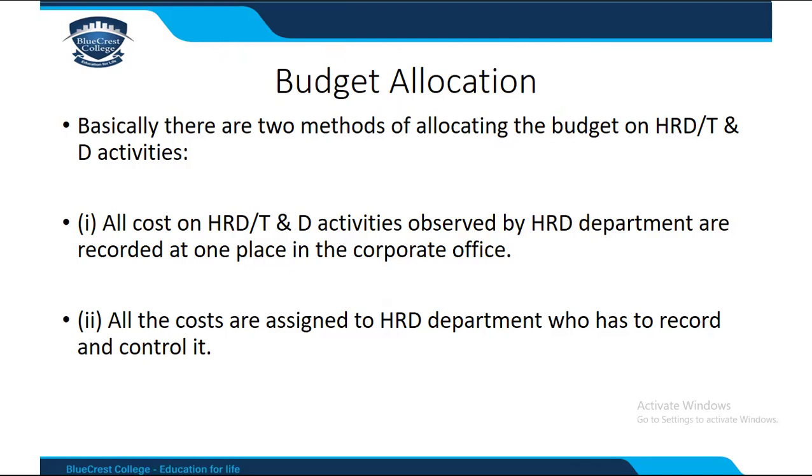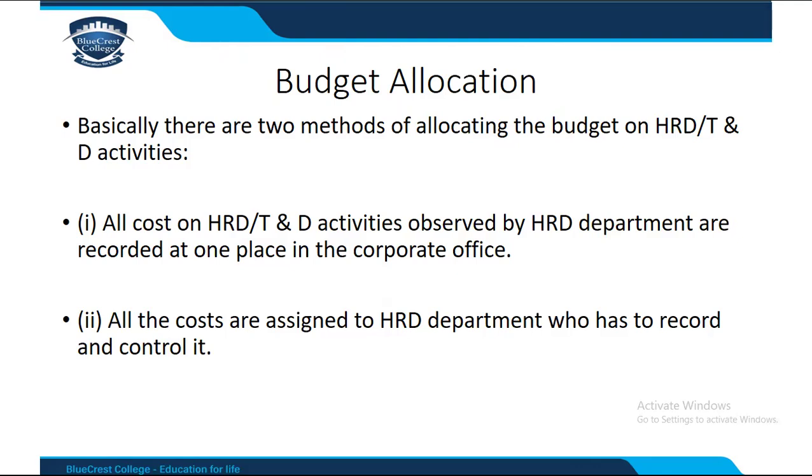So it has just one source, and then it is given out to the HR department as and when they need it. And then for the second one, the HR department determine what kind of training they have to do, and they are in charge, or they control the costs that are assigned to development and training programs in the department. Okay, so get the difference.